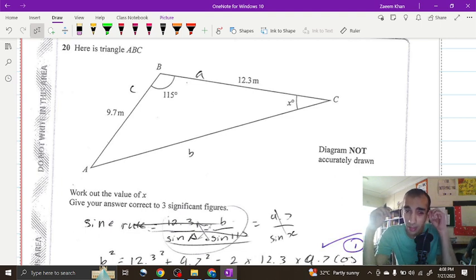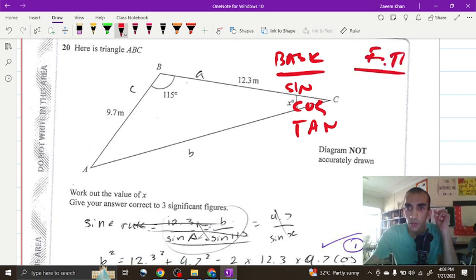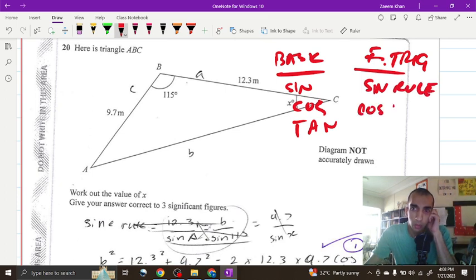Now, are we going to use basic trig, which has sine, cos, and tan, or are we going to use further trig, which has sine rule, cosine rule, area of a triangle using sine, cos of an obtuse angle, bearings? Basic stuff or further stuff? What do you think? Further.